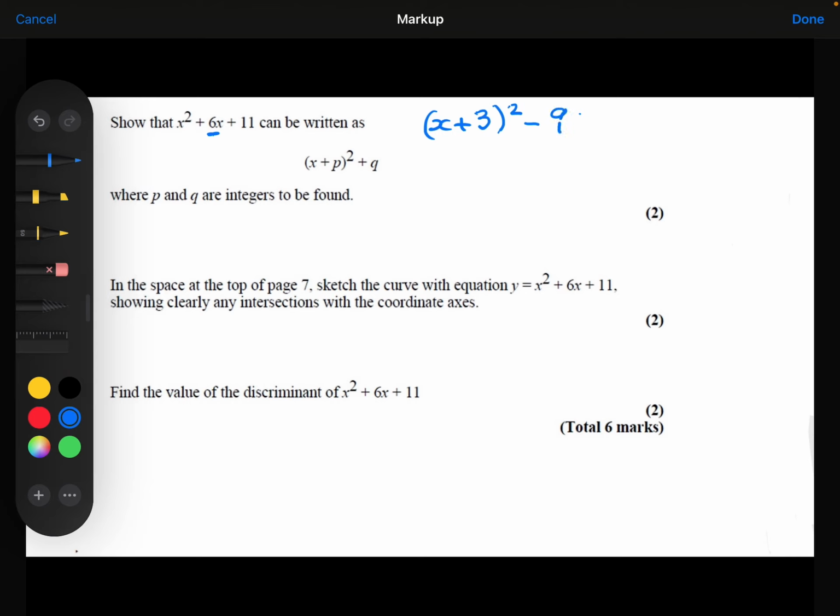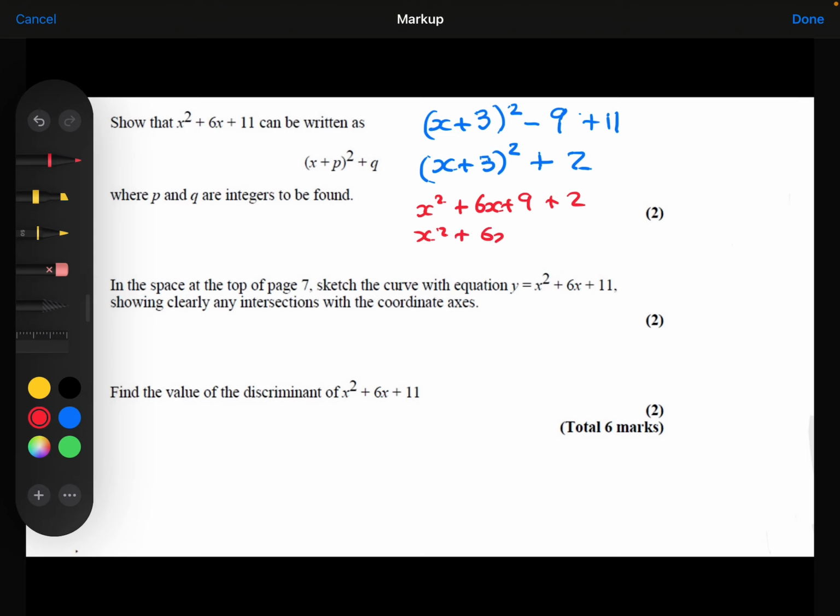And then I shouldn't forget the plus 11 that I had on the end. I can then simplify that because minus 9 plus 11 is 2. And just to prove that that's the same thing that we started with, I could expand these brackets to get x squared plus 6x plus 9 plus the 2.